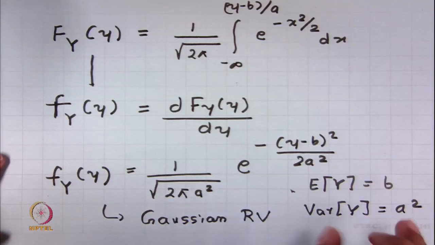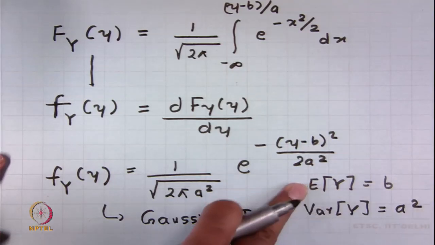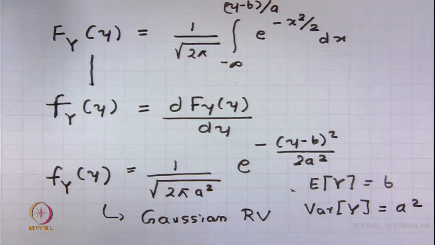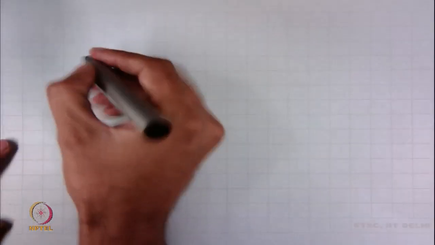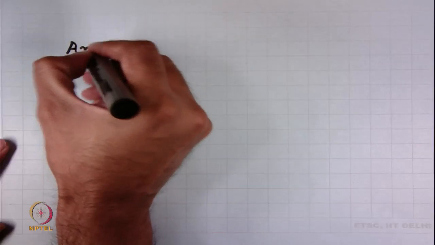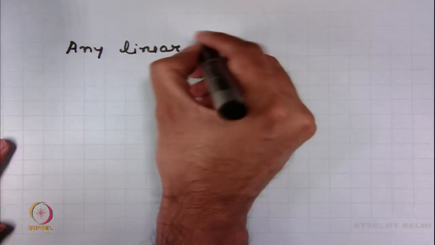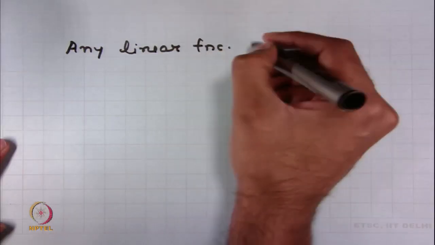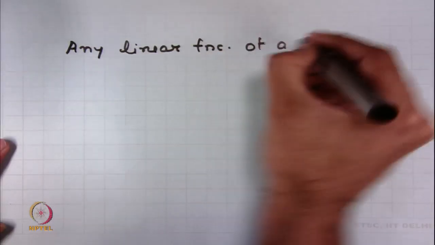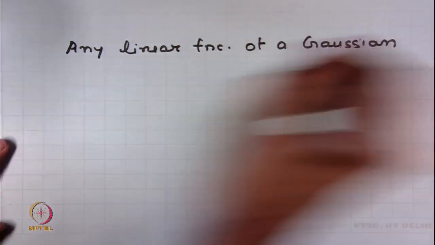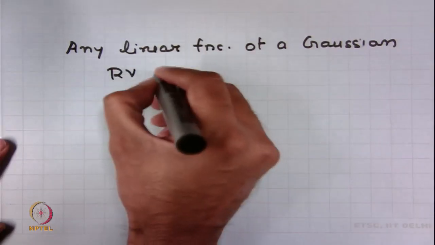So, the variance and the mean of y have changed, but y has still remained a Gaussian random variable, and this is an important conclusion: that any linear function of a Gaussian random variable is a Gaussian random variable.